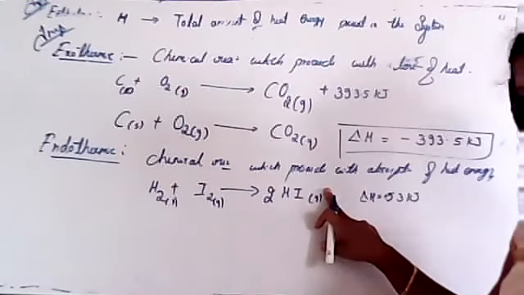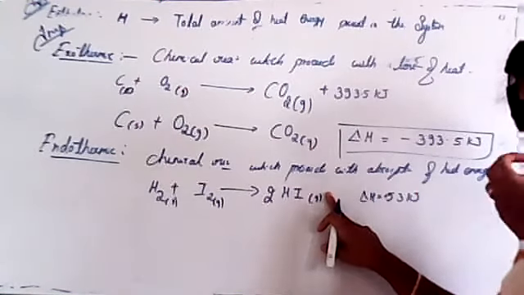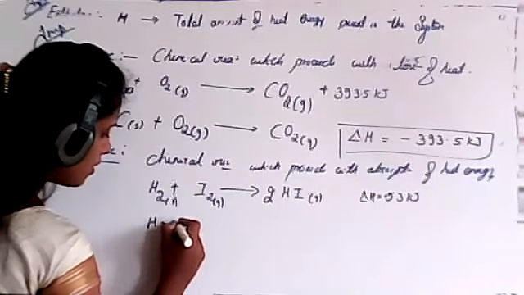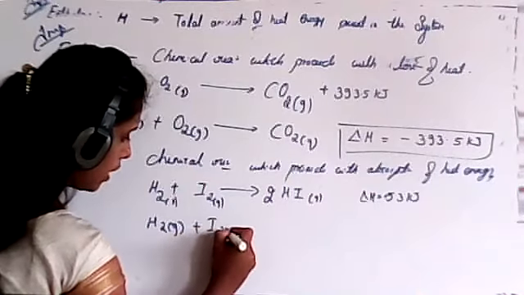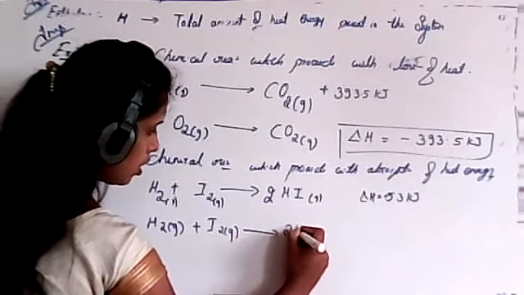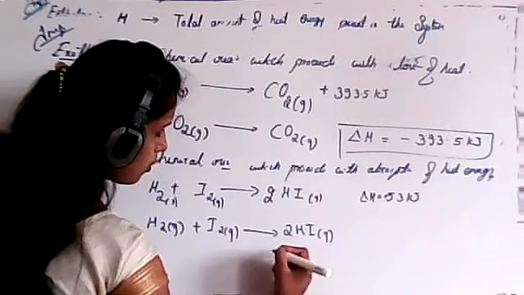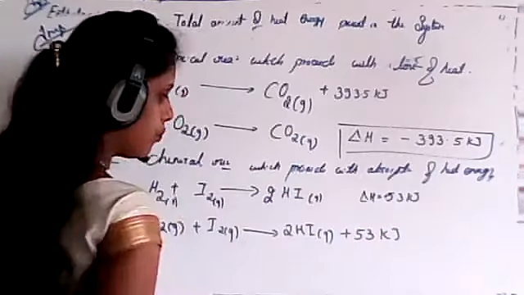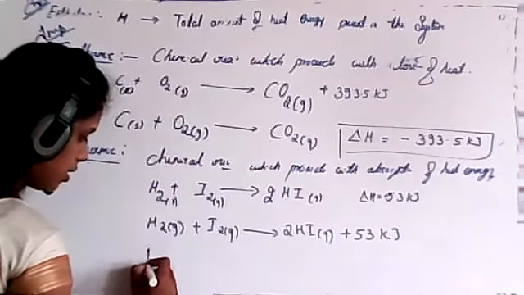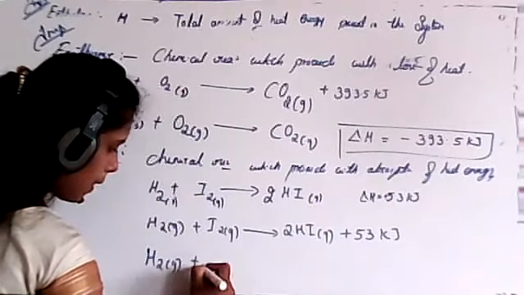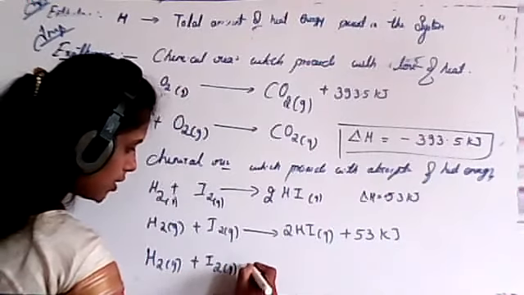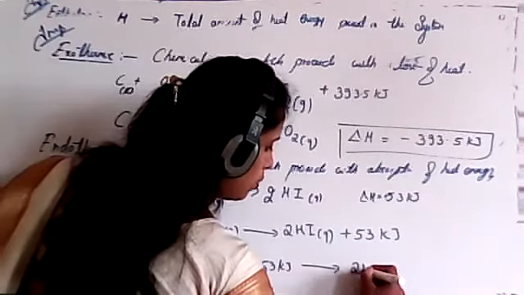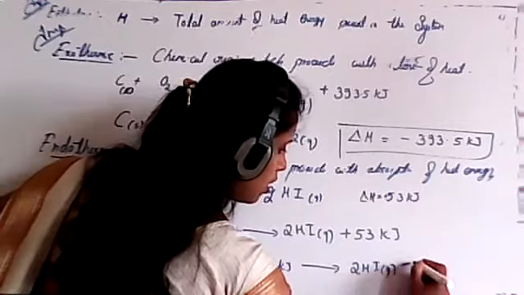While writing, you have to write the same reaction here: H2 gas plus I2 gas gives 2 molecules of HI gas plus 53 kilojoule. Another way: H2 gas plus I2 gas plus 53 kilojoule gives 2 molecules of HI gas.